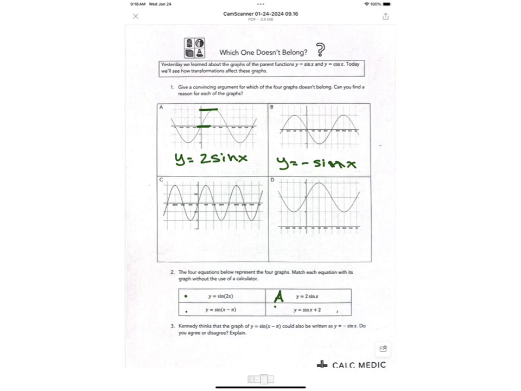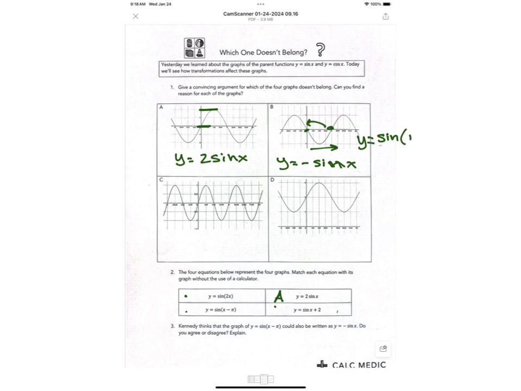But what else I see is that if they had this sine curve going through the origin, starting this one right here, it's a phase shift. It's actually shifted to the right by how many, Grace? By pi. So we could also call this y equals sine of x.